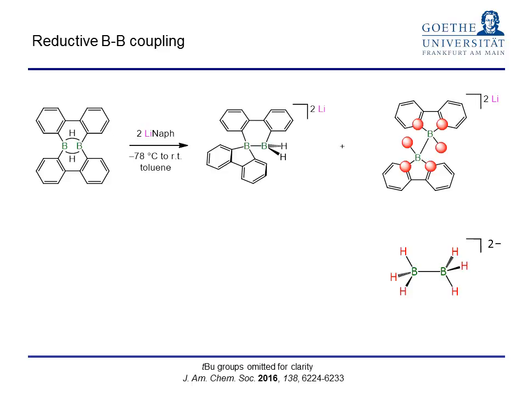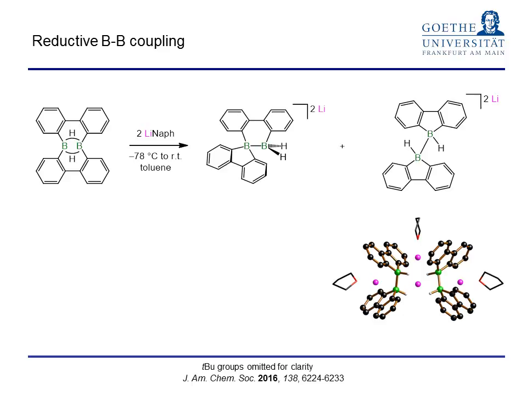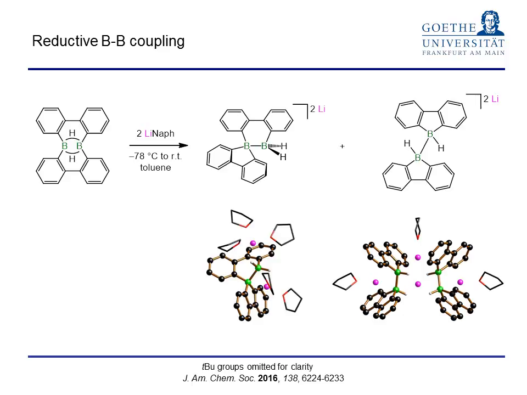The right molecule can be regarded as a derivative of the B2H6 dianion which already Alfred Stock tried to synthesize. This is the first example of a B2H6 dianion without highly bulky substituents. For both the right and the left molecule, solid-state structures are available.